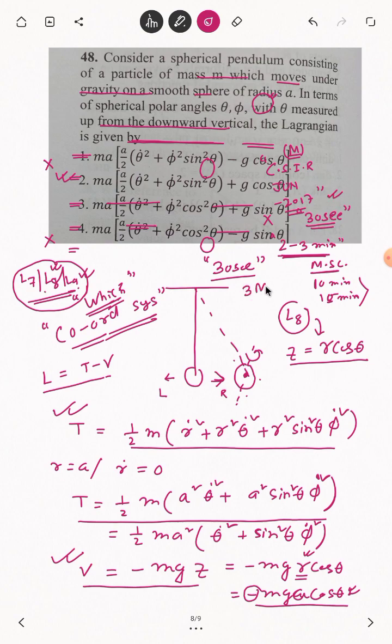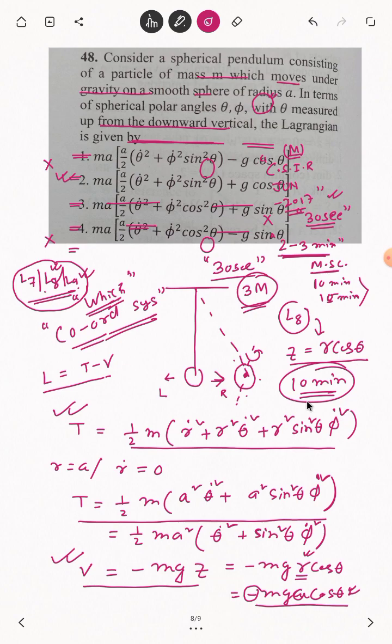This was a 3-mark question. For a 3-mark question, we cannot afford to give more than 2 to 3 minutes, because if we apply the 10-minute technique classically as in the MSc syllabus, then to qualify the exam will be difficult. Clear? I hope all of you have a good idea about it.